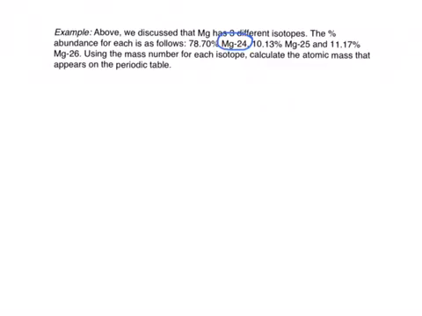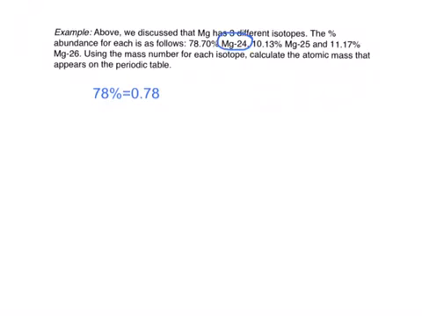So now instead of using the number times the mass, we're going to use the percentage, because in order to get these percentages, they looked at a sample of thousands and thousands of magnesium atoms, and it's just not feasible for us to add up each individual atom and then divide by the total number. So remember that 78% would be 0.78 when we express it as a number.